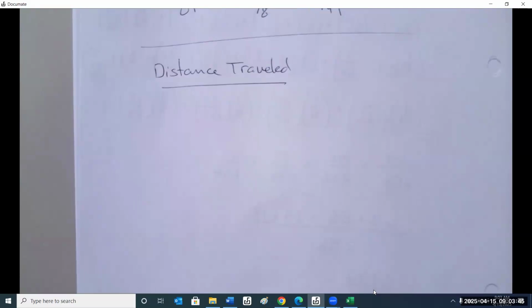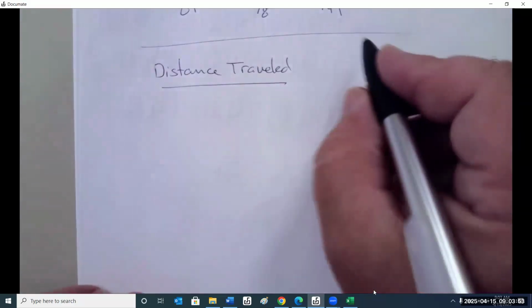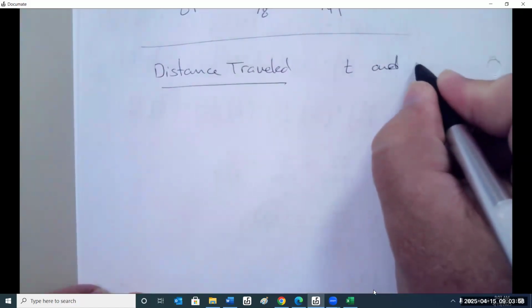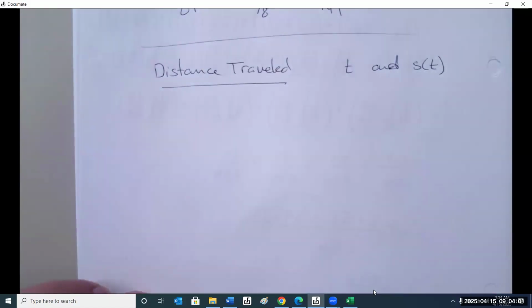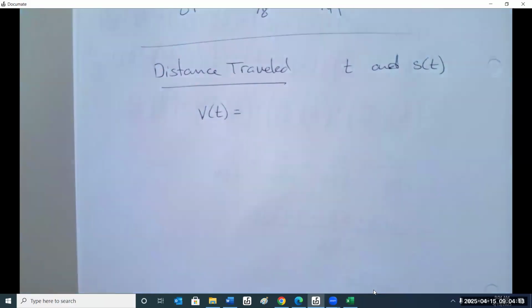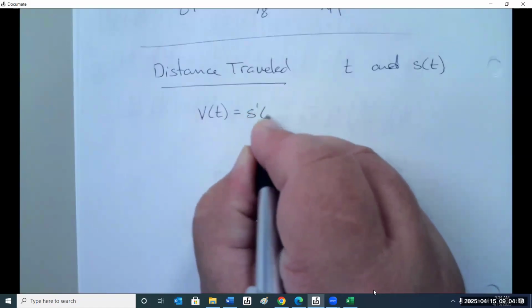Let's look at distance traveled. Remember, distance traveled deals with time and position. And velocity was what? The first derivative of our position function.